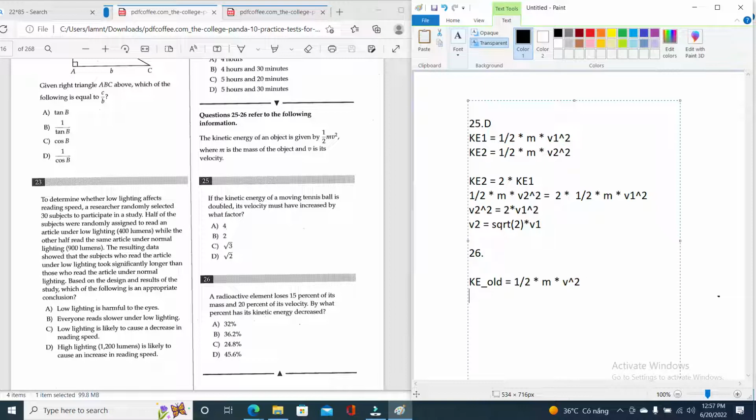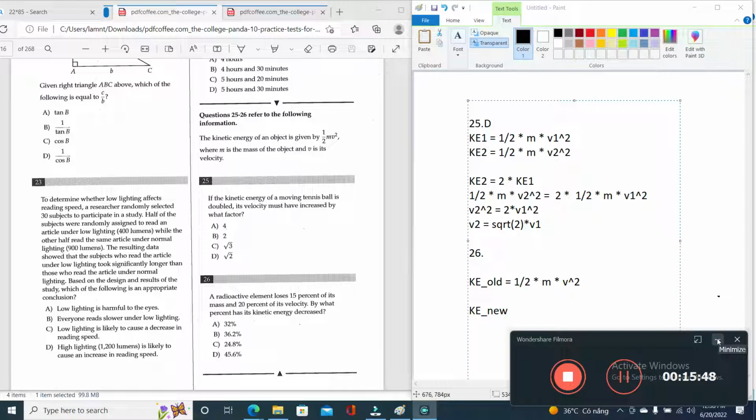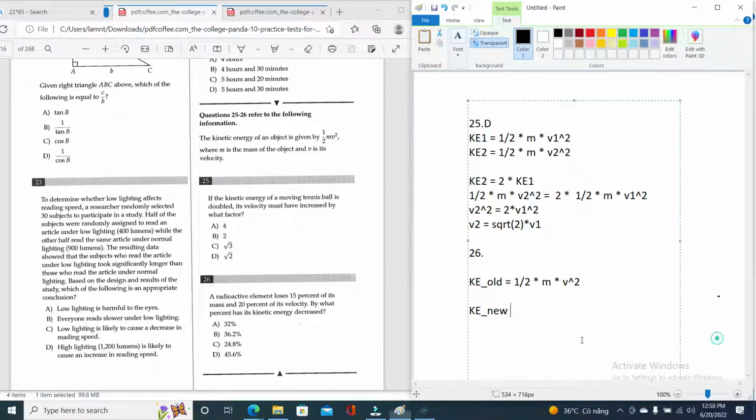Okay, so KE new. The radioactive element has lost 15% of its mass, so only 85% of it is left.